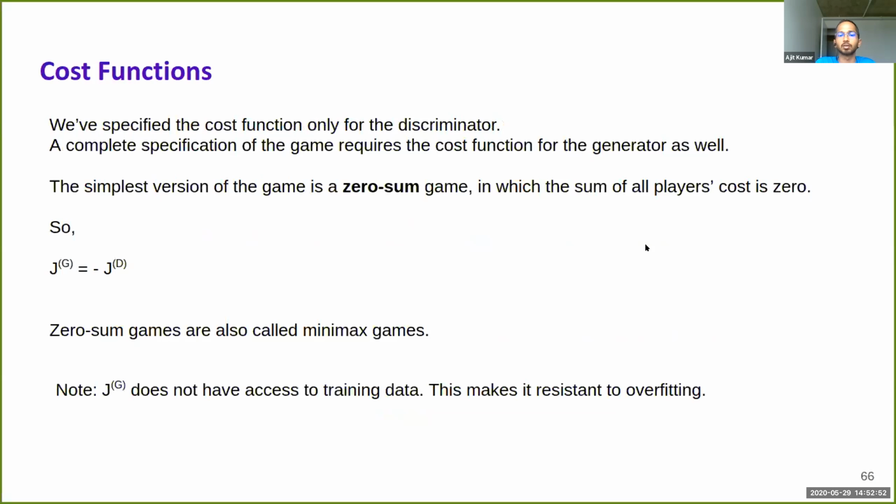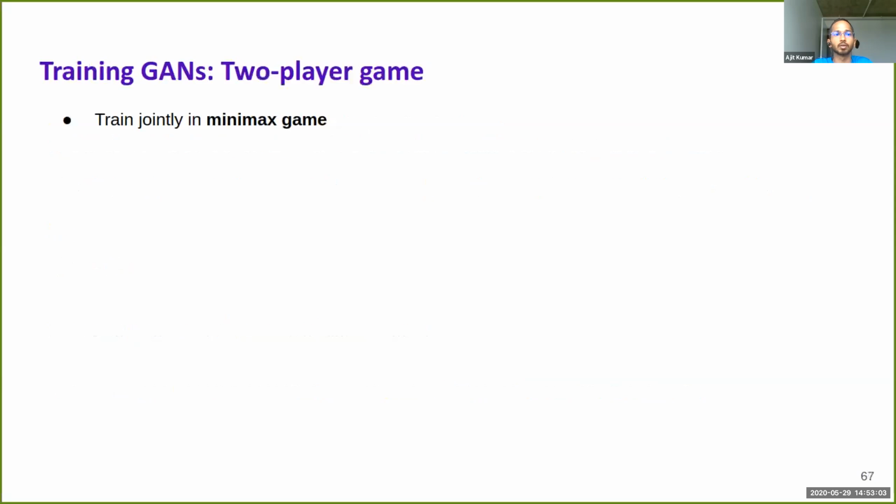I'll show how this is actually seen while training GANs, but this is just an overview. And we'll train both of these networks simultaneously. So both of them do not have a good idea of what to do initially, but they both learn over time, giving feedback to each other.